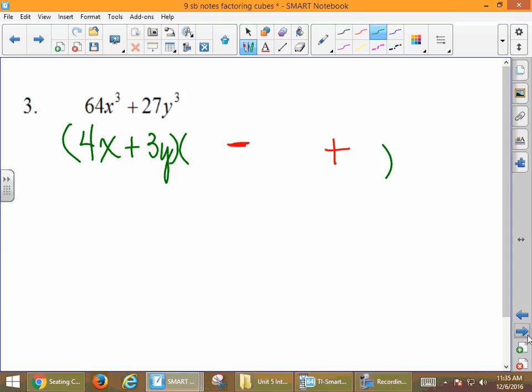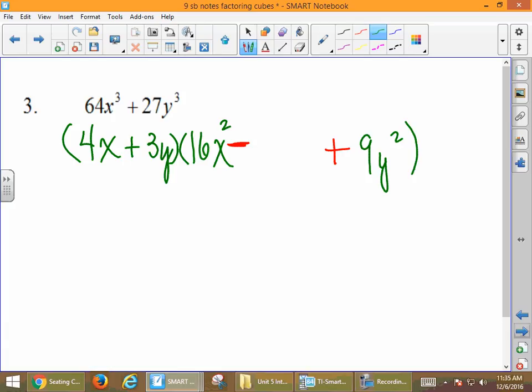64 divided by 4 is 16. X cubed divided by x: we had 3, we took out 1, we got 2 left. 27 divided by 3 is 9. Y cubed divided by y: we had 3, we took out 1, got 2 left.